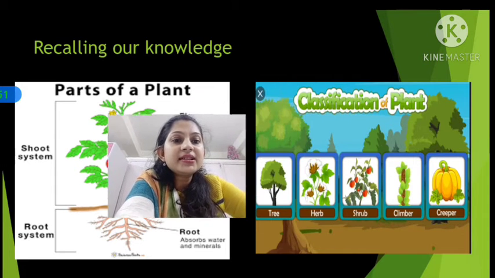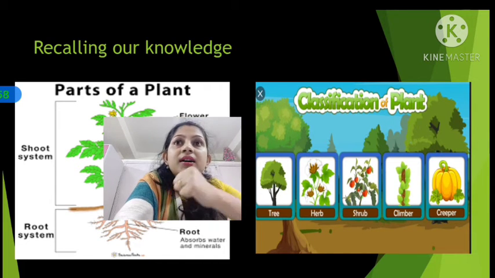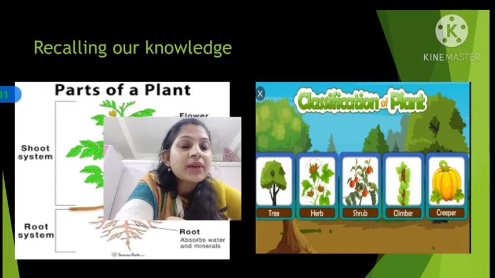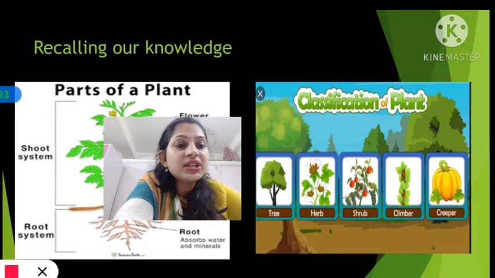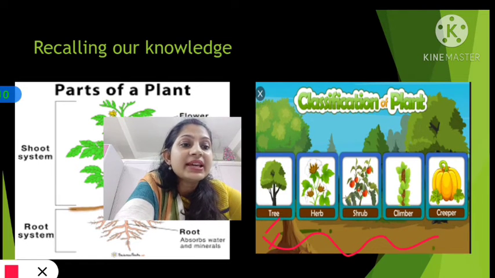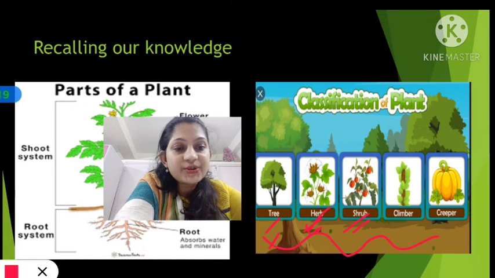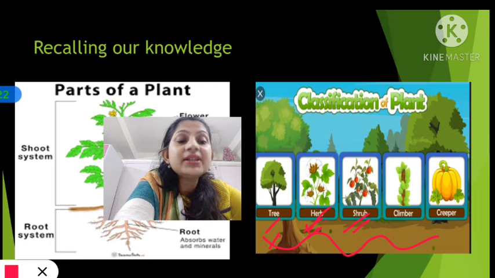Okay, and then let us have a small recap of types of plants. Based upon their size and the strength of their stem, plants have been classified into these types. You remember the big one with very strong stem, we call them trees. Very small plants with weak stem, herbs. And plants with woody stem, smaller than trees but bigger than herbs, we call them shrubs.